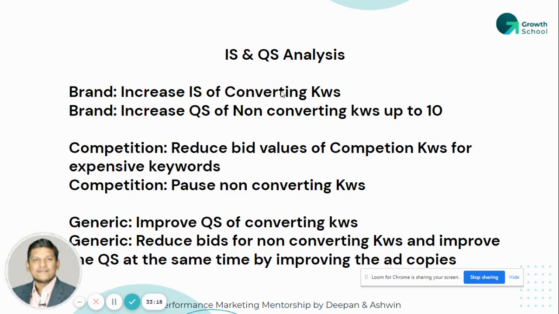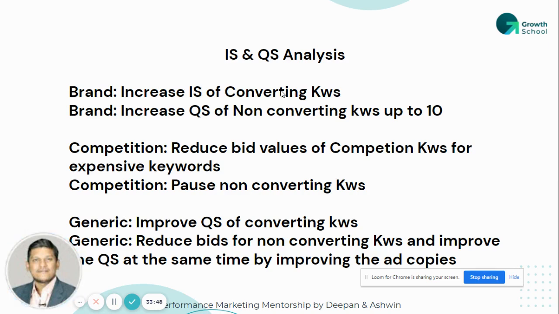What's your objective here? It should be to increase up to 10. Okay. Now, second part, competition. What you should be doing: identify the keywords that are giving you expensive conversions. Reduce the bid values. Then, second, the keywords that are not at all converting for you, pause them.